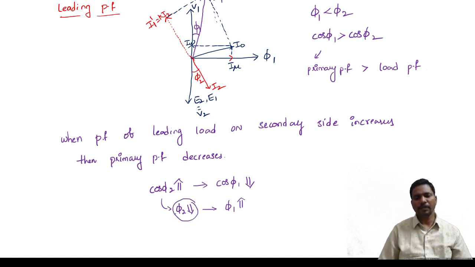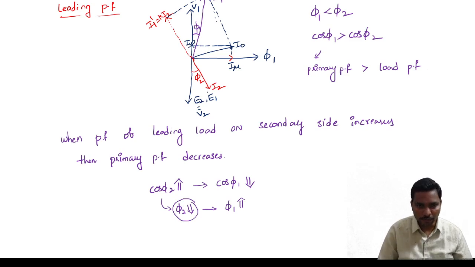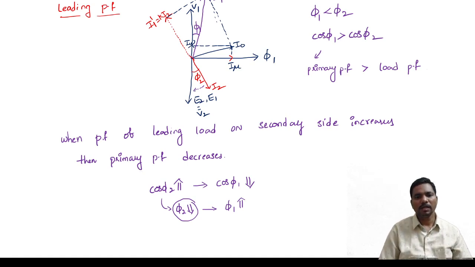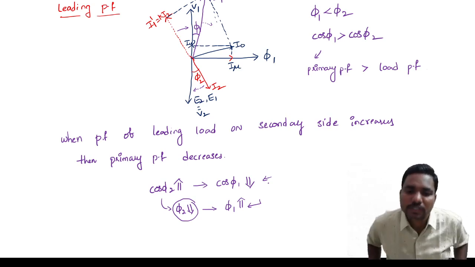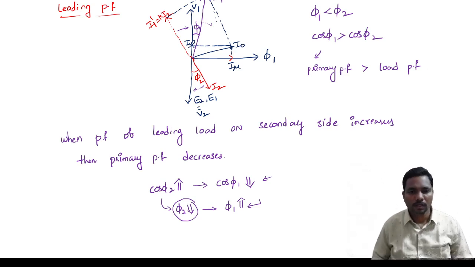If you decrease φ2, that means I2 is coming nearer to this, then this will be shifted like this, and then φ1 increases. As φ1 increases, cos φ1 decreases. So like that.